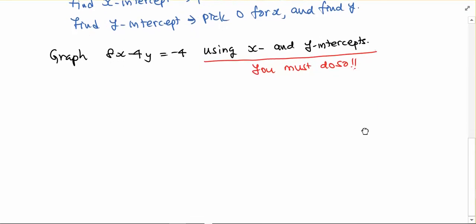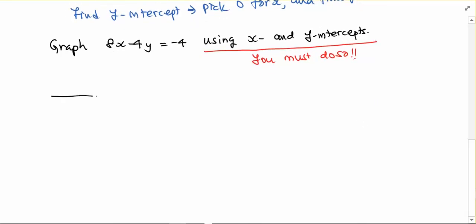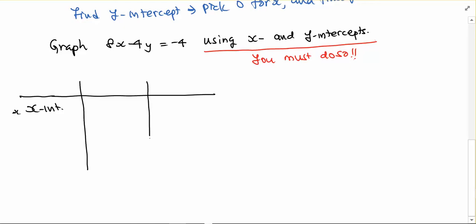So, how are we going to do this? Well, to find the x-intercept, what am I going to do? I know that for the x-intercept, the y value is 0.